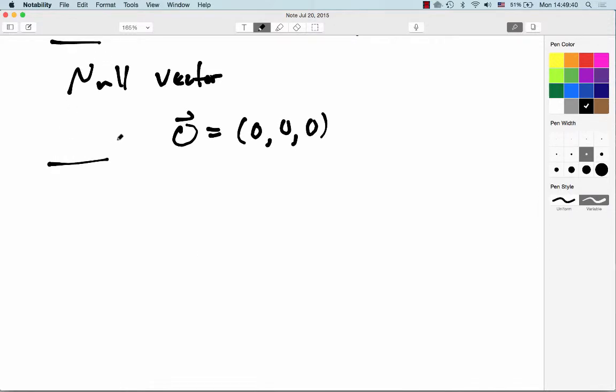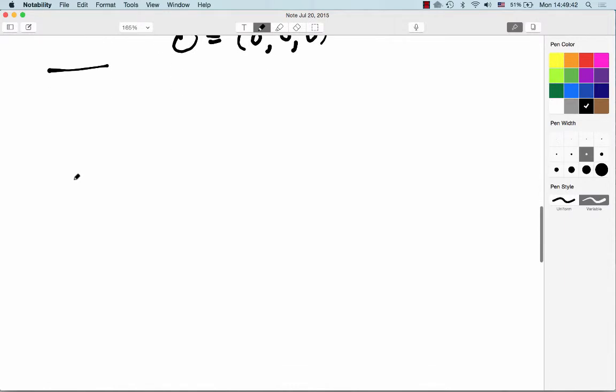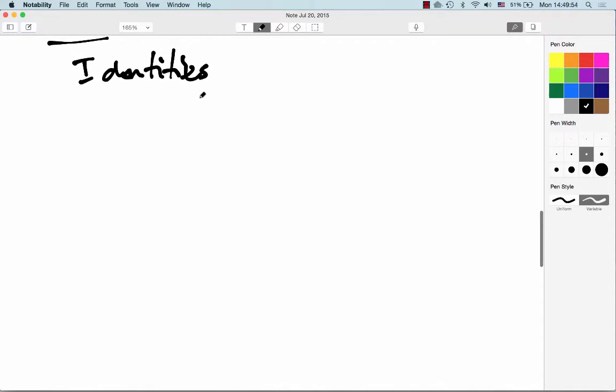So now let's go through and work through some of our identities with vectors. We'll start with the fact that addition commutes.